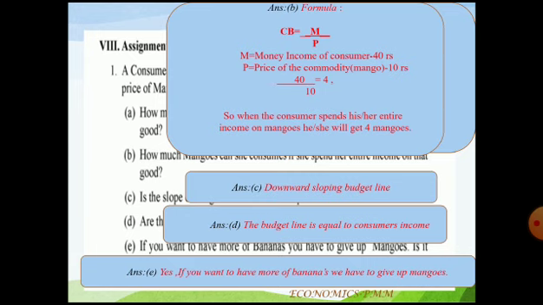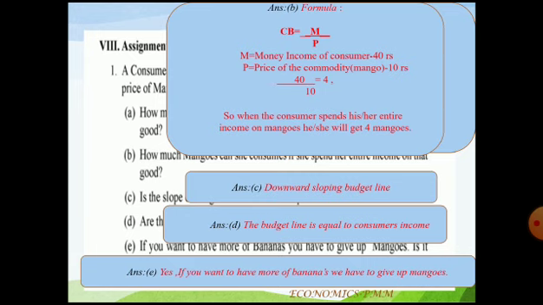So I hope students you understood all the 5 answers. A is to calculate with the formula. B is again to use that formula and find out what number of the commodity he can purchase. C is just telling what the shape or the slope of the budget line is. The slope of the budget line is downward. Then D, the budget line is always equal to the consumer's income.